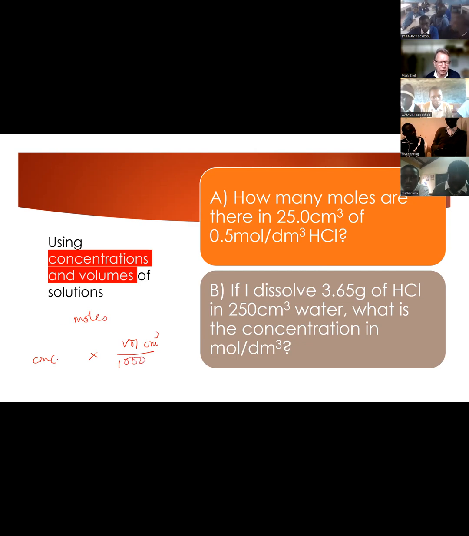So moles equals concentration times volume over 1,000.